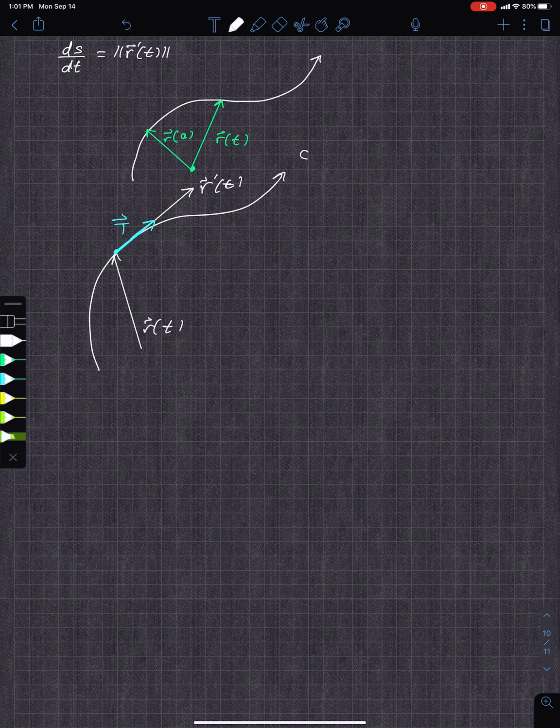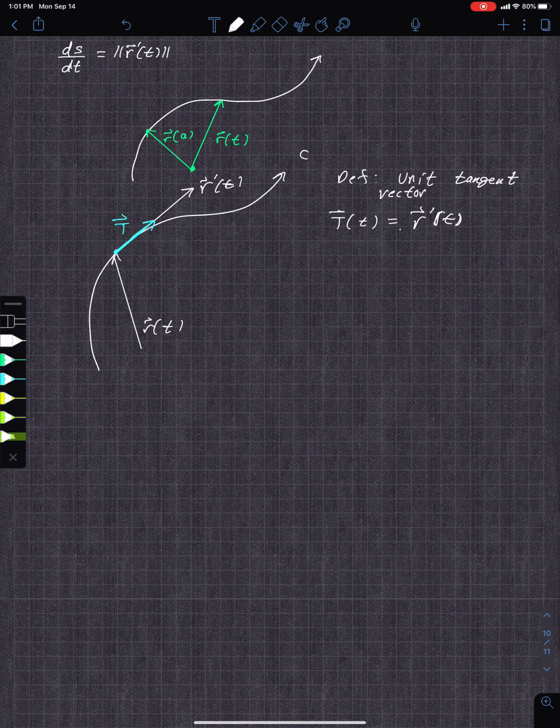Okay, so we're going to define this now. The definition of the unit tangent vector is capital T of t, and it's a vector. You take r prime of t, which is tangent to the curve, and then you make it a unit vector.